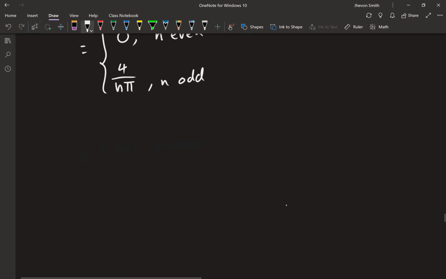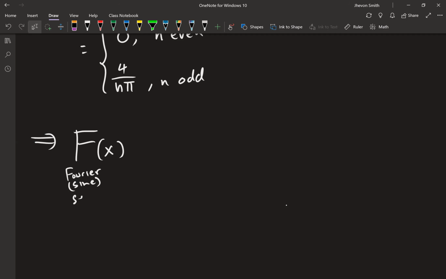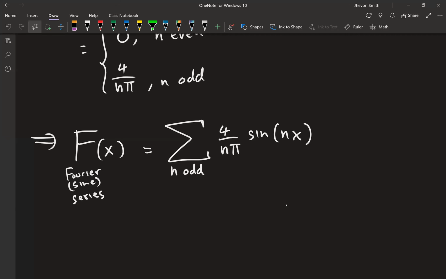So that means your Fourier series of x is equal to, well, the series summing over odd n of 4 over n pi times sine of nx.